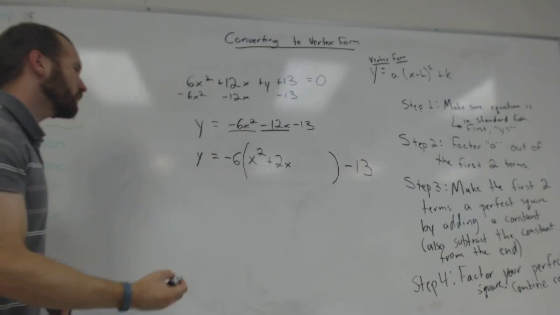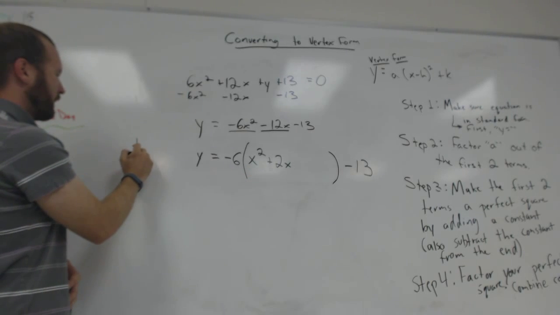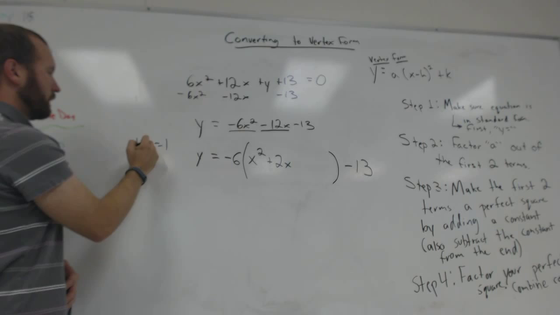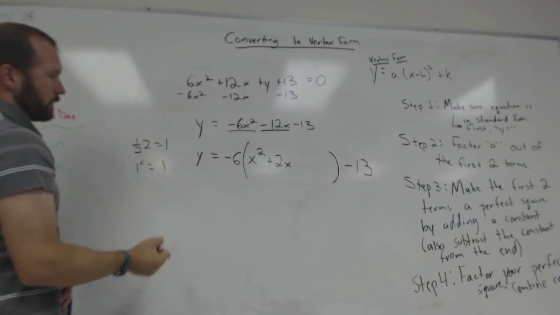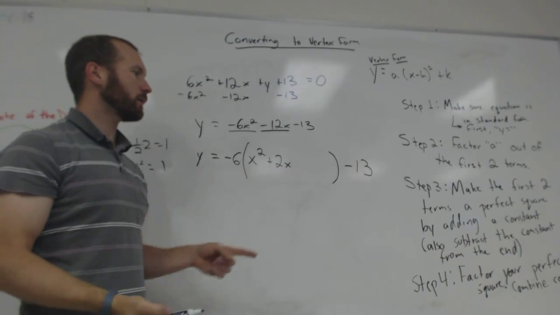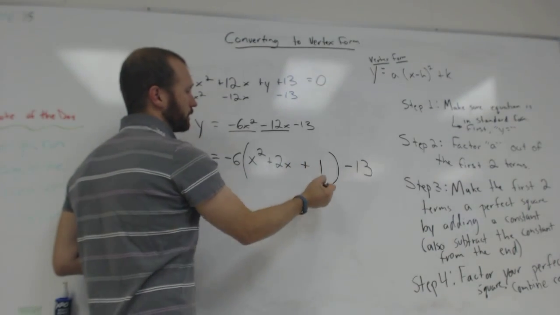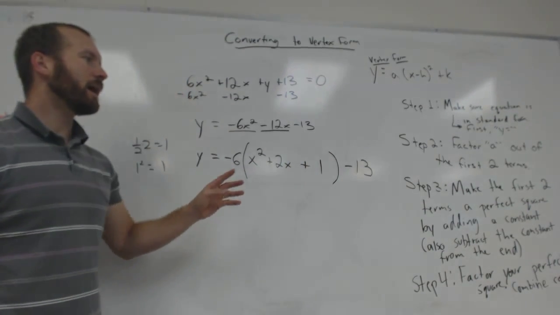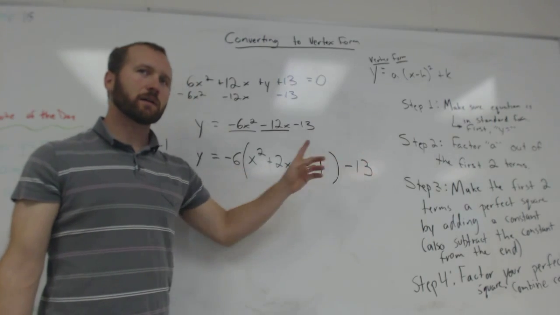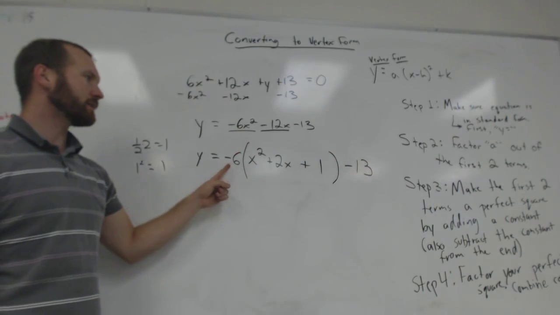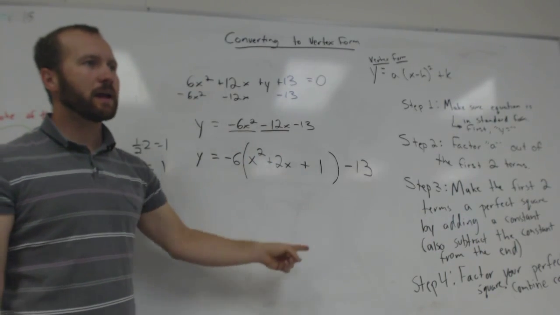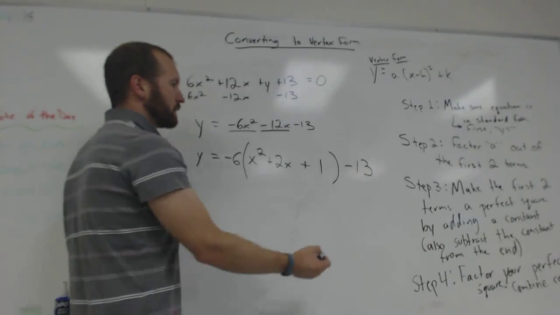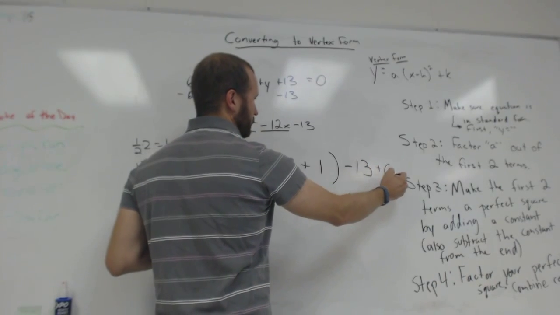What is half of 2? 1. Right, half of 2 is 1. 1 squared is 1. So what do I need to add here? Plus 1. Now, what do I have to subtract here? Negative 6 times 1. So I have to subtract negative 6, which is the same as adding 6.